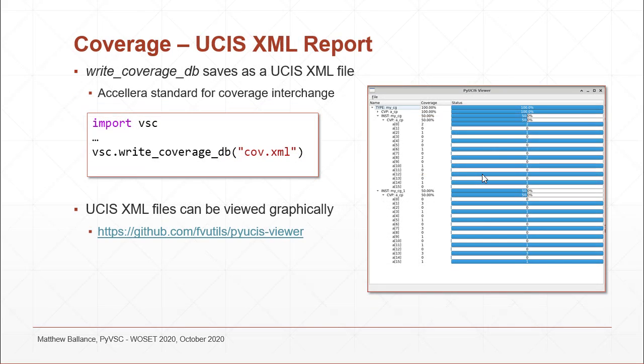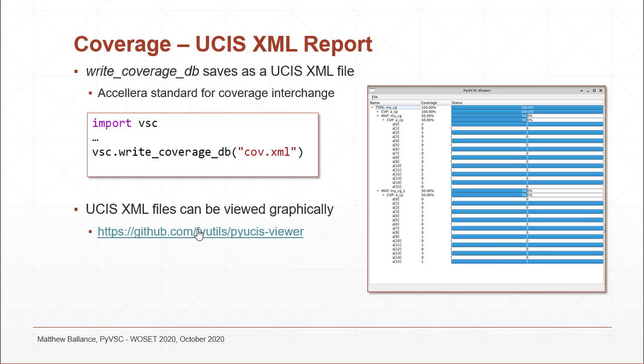The second and perhaps even more interesting mechanism for getting coverage out is to write a coverage database. This saves the coverage in a UCIS XML file. UCIS stands for Universal Coverage Interchange Specification. It's an Accellera standard. And by saving the coverage in this format, we're able to take it outside the tool, perhaps process it with some other tools.